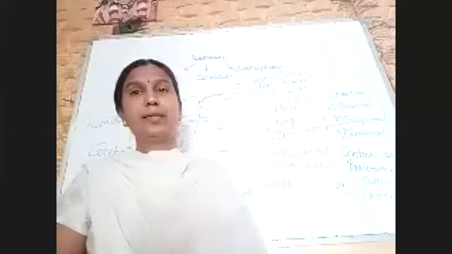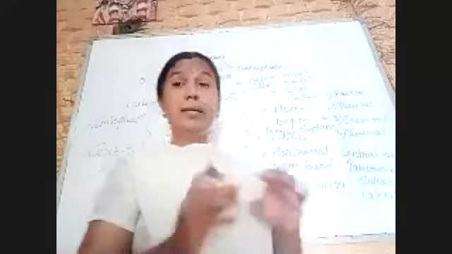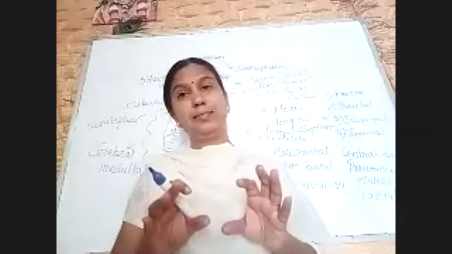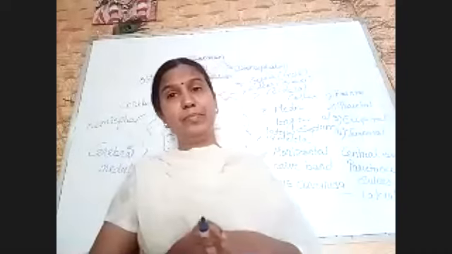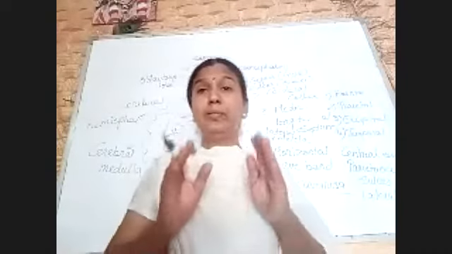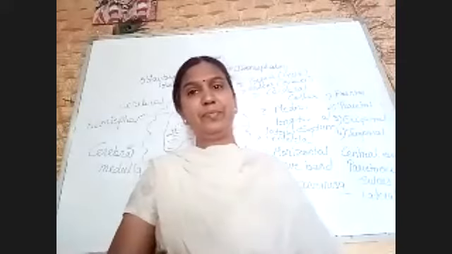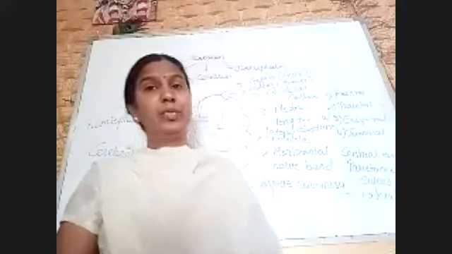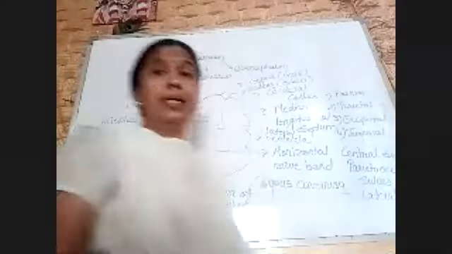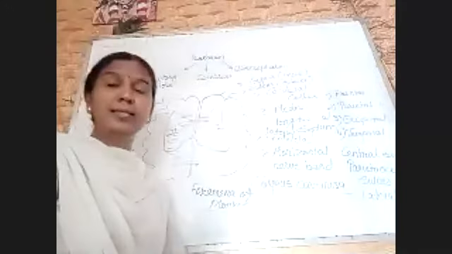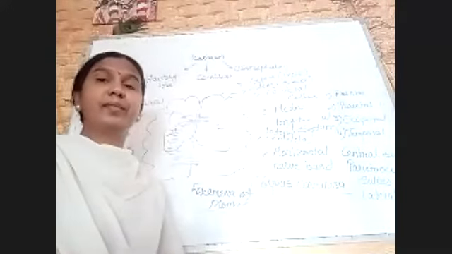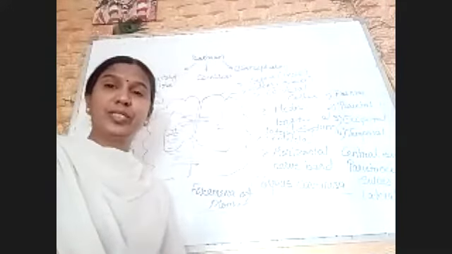Because of it, there are some functional areas present in this cerebrum which perform a particular specific function. So we will now see the functional areas and the functions which they perform.